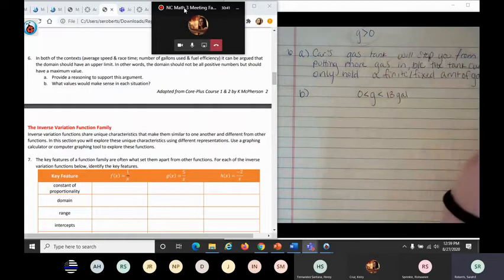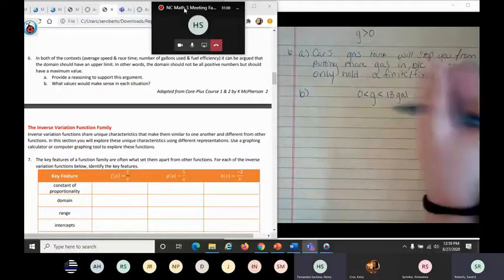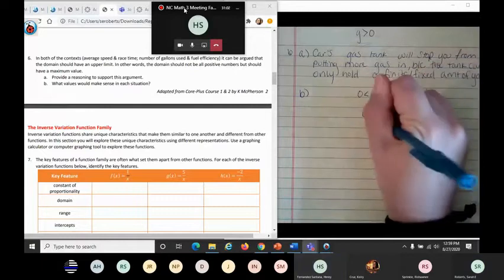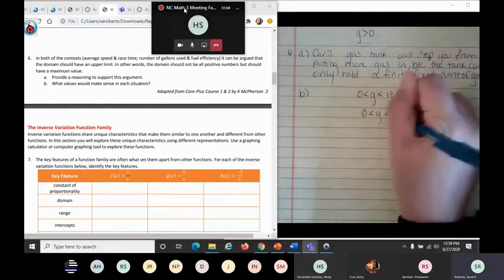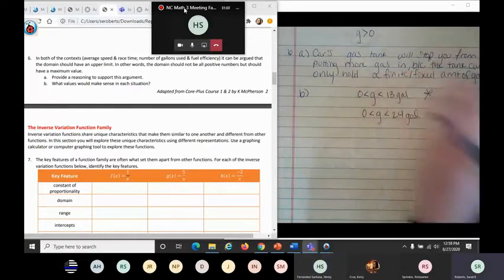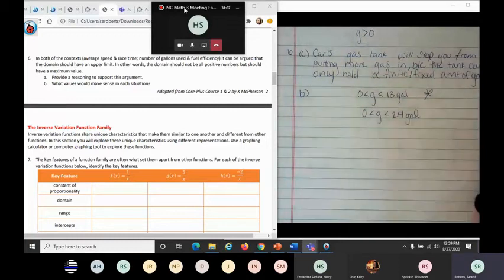So G should be between 0 and 13. If somebody else has a car that takes more, feel free to shout out a different number. But I think that this would be a reasonable guess. Huh? 24. 24 gallons. So maybe somewhere between there.